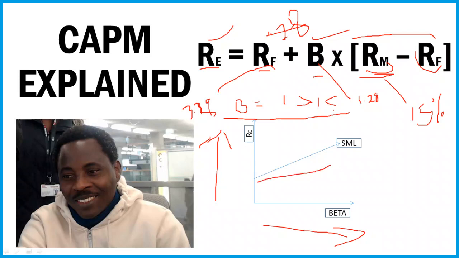That is, the lower the risk, the lower the return. The higher the risk, the higher the return. So basically then you will have an upward trend like we have. So basically this is the CAPM graph.